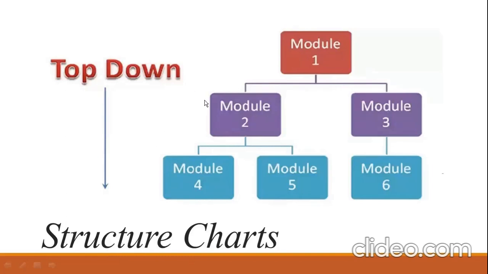So the main idea behind this top to down approach or top to down design is to divide the bigger software or bigger problem into subcategories, that in the programming language vocabulary we call modules. So the main idea is to break down your bigger problem into subproblems that we call submodules, or even in some languages these are called functions.